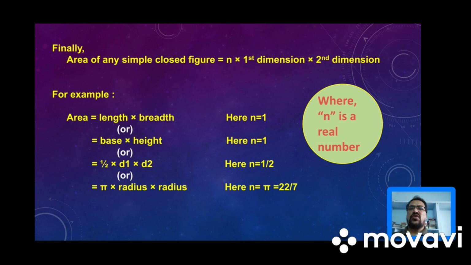Here in place of n we have 1 by 2, that is half. Area of the circle we just now have seen, that is pi into radius into radius, where n is equal to pi, and that is equal to 22 by 7. So finally we can conclude that area of any simple closed figure is equal to n into first dimension into second dimension.